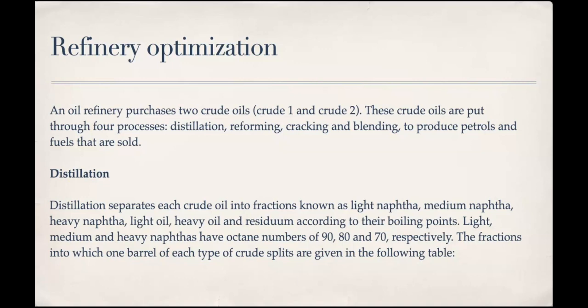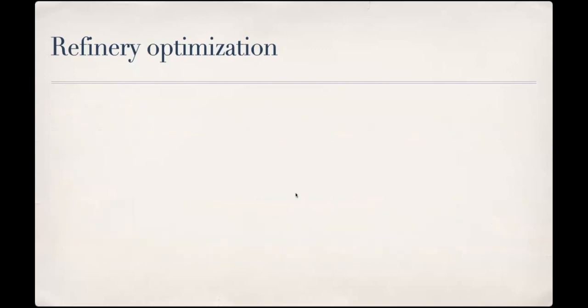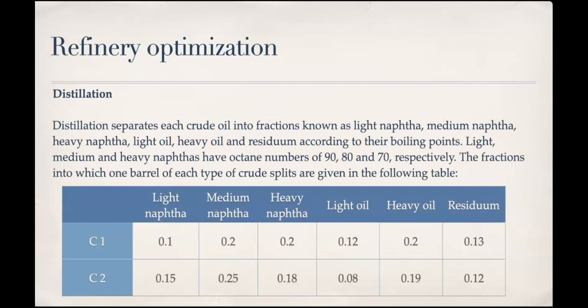Okay, and the fraction where 1 barrel of each type of crude split into light naphtha, medium naphtha, heavy naphtha, light oil, heavy oil, and residue are given in this table. Okay. From this table, the table gives us information.